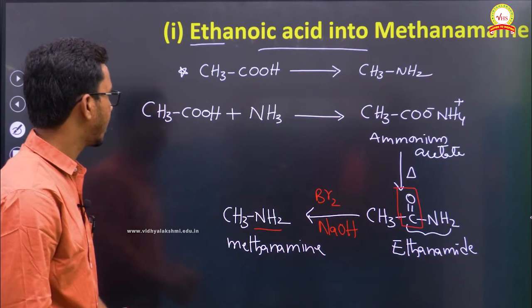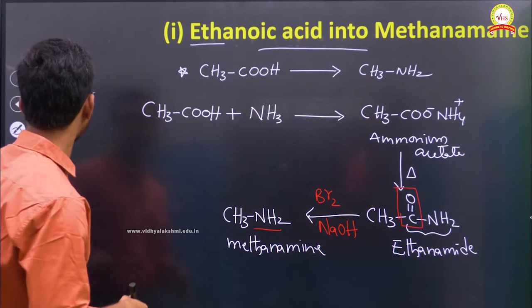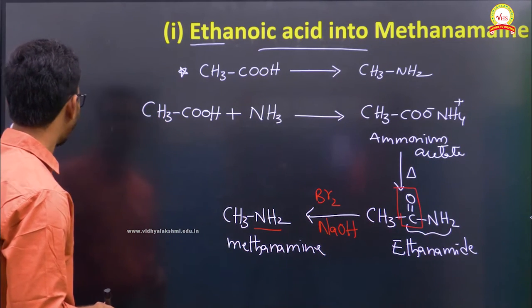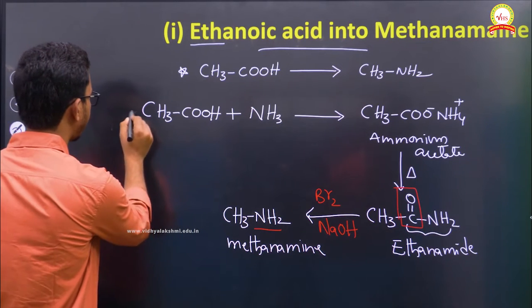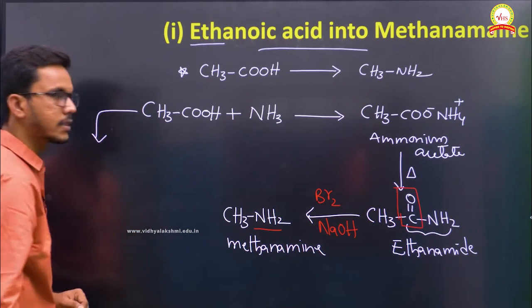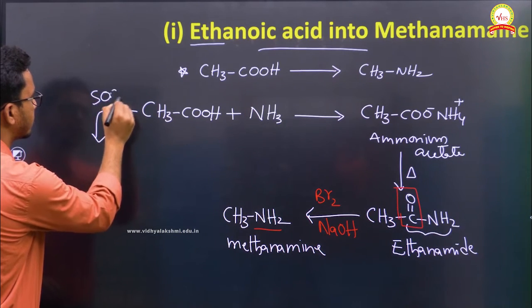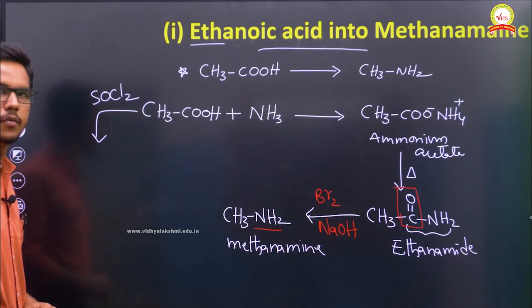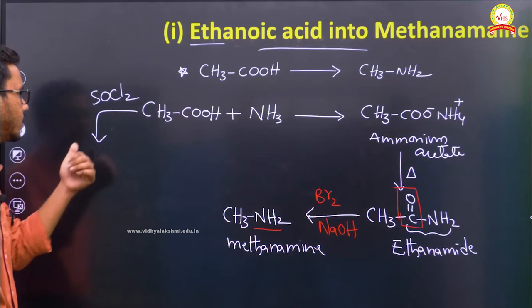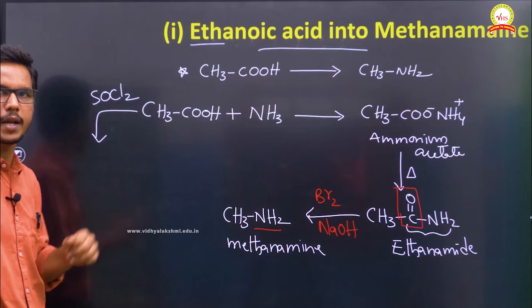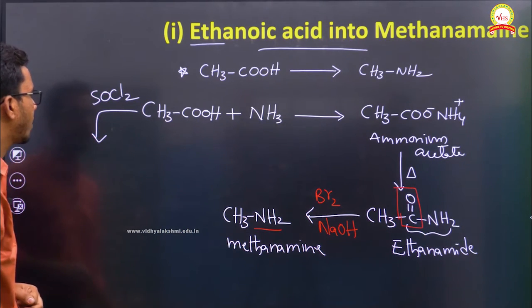This is the direct route. Instead of this, we can also take some other conversion. Let us take a halogenating reagent, let me take SOCl2. Whenever a COOH group reacts with SOCl2, the respective halide will be formed.